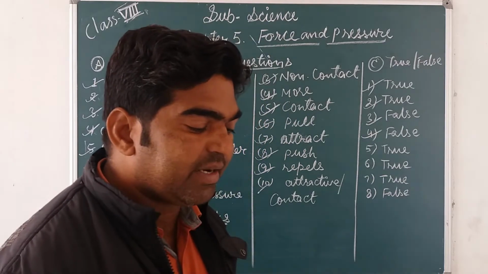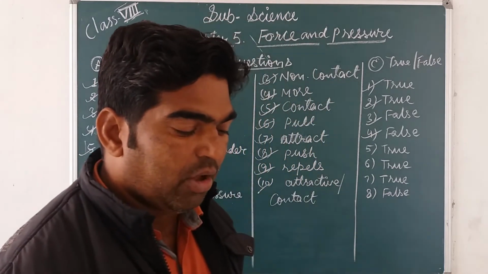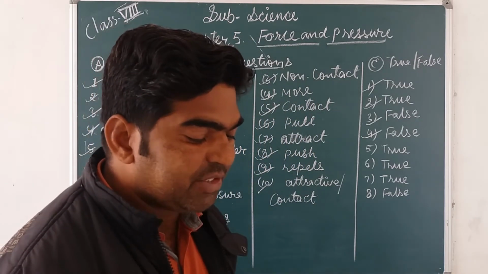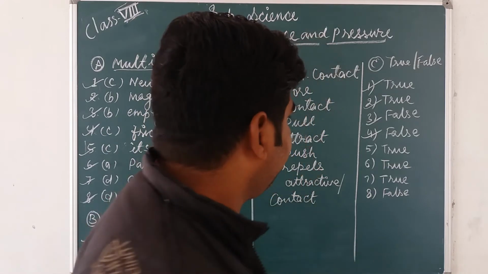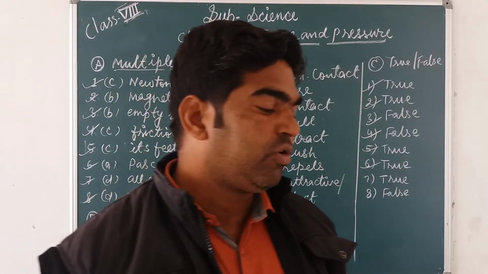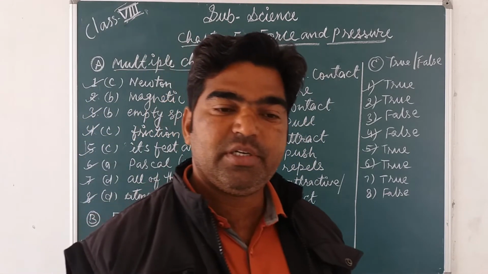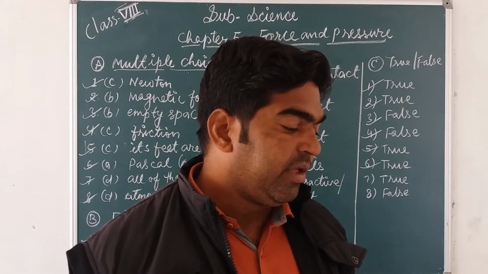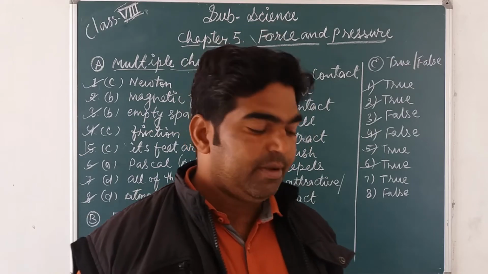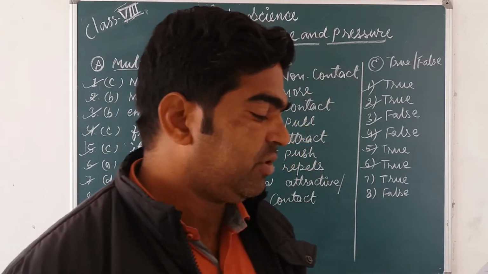So if they are all at the same depth, it is the same in all directions. Sixth: atmospheric pressure decreases with the altitude. So fifth one is true, and sixth one is also true, because we know that atmospheric pressure decreases with increasing altitude.